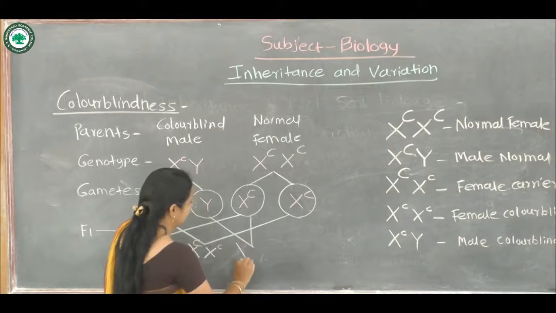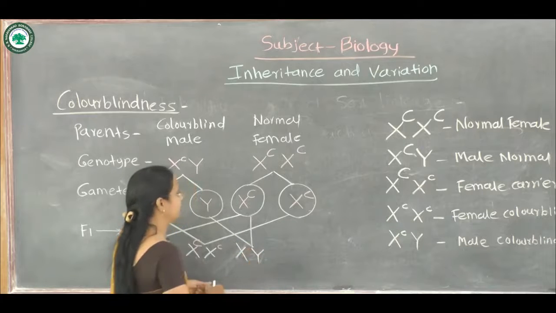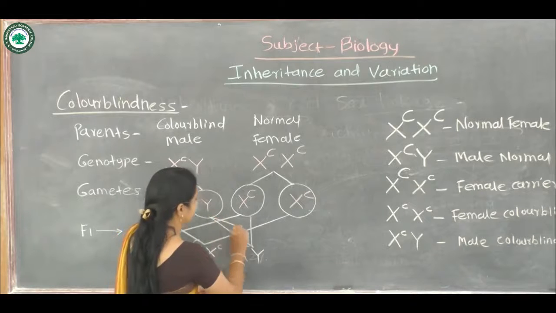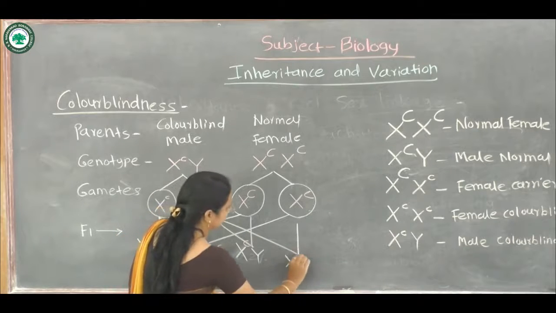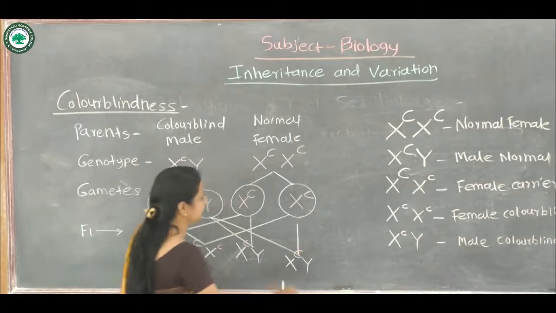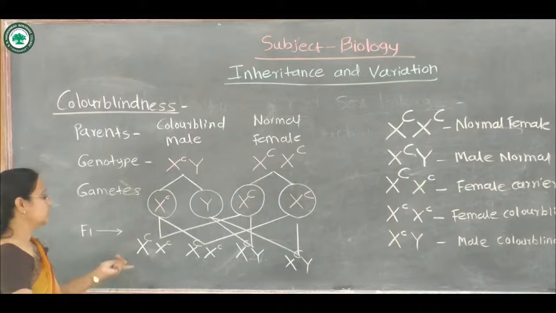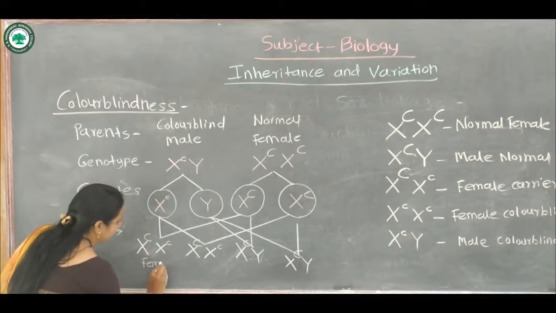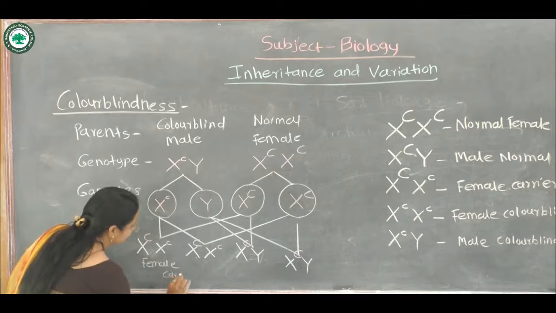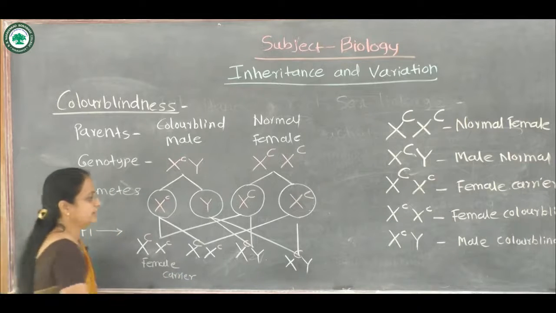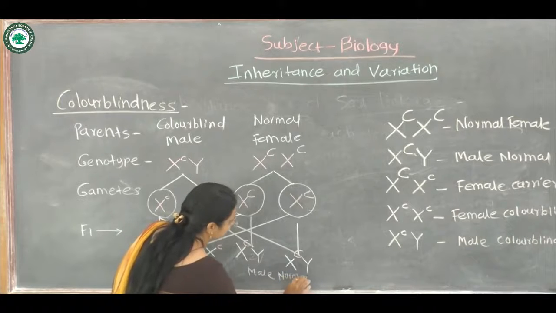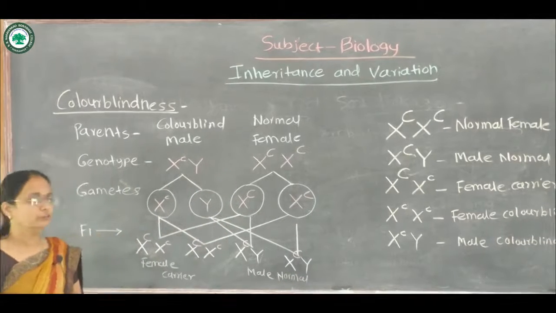Now here X, Y, the male has the dominant gene, and again this male has the dominant gene. This shows the genotype, but phenotypically the females obtained are carriers of the disease, and these males are normal, both genotypically as well as phenotypically.